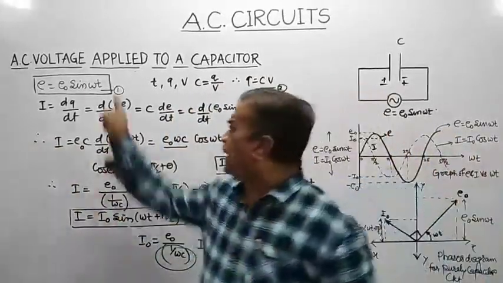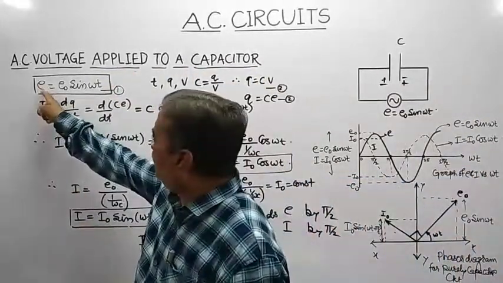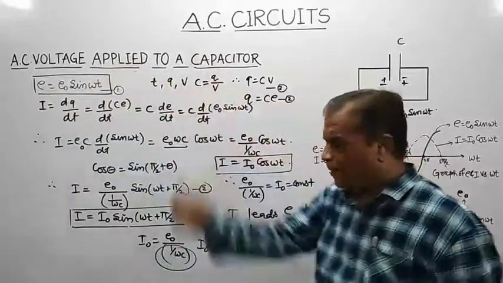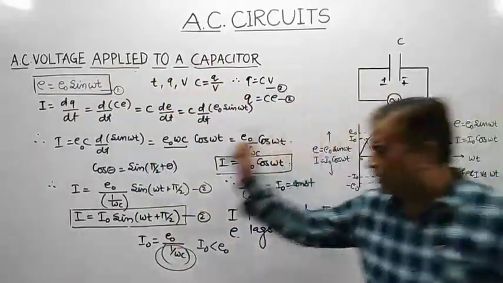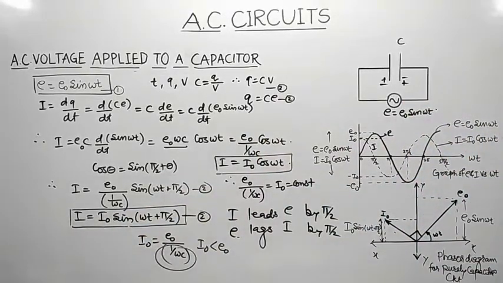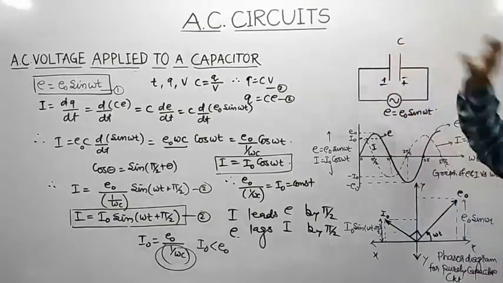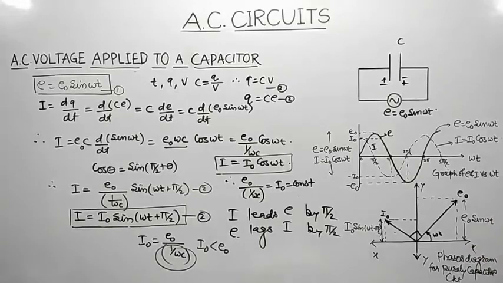So in case of an AC circuit containing a capacitor, if alternating EMF E equal to E0 sin omega t is applied, then the current flowing through the circuit is I equal to I0 sin of omega t plus pi by 2. Now we will see the net opposition offered by a capacitor to the flow of alternating current. The net opposition offered by a capacitor to the flow of alternating current is called capacitive reactance.